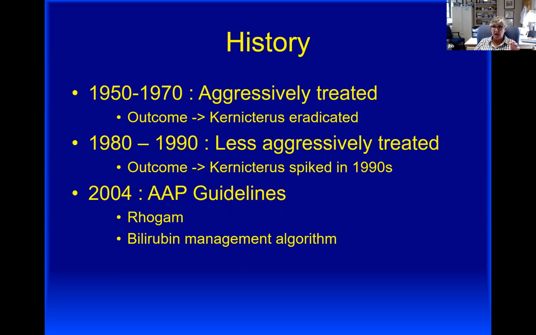So I was in the prime time when we were more laid back about it. And unfortunately, we did see kernicterus spiking. So that's why we've got very aggressive with the guidelines now, and RhoGAM being more commonly used prenatally for moms. And you've got the bilirubin management algorithm to follow, which we'll see in a few minutes.